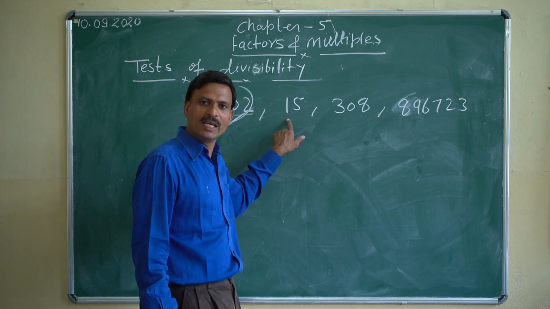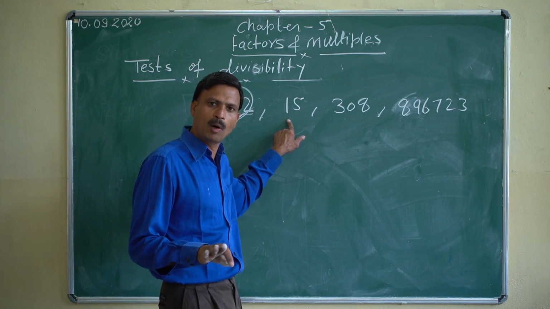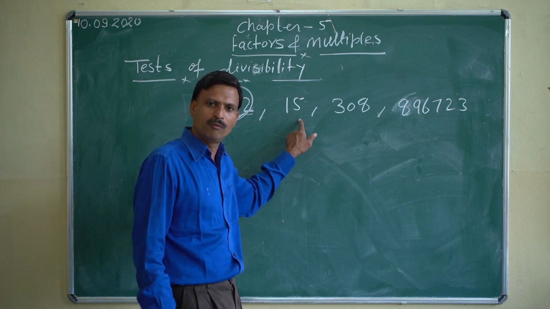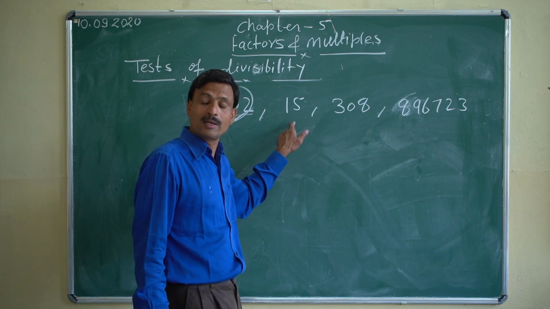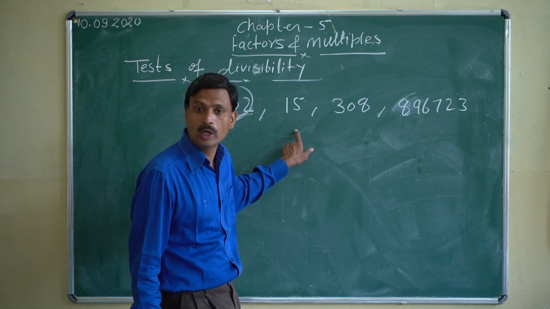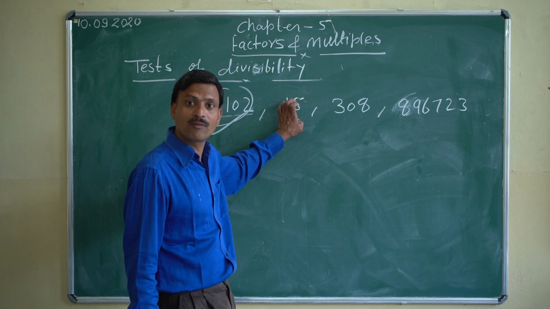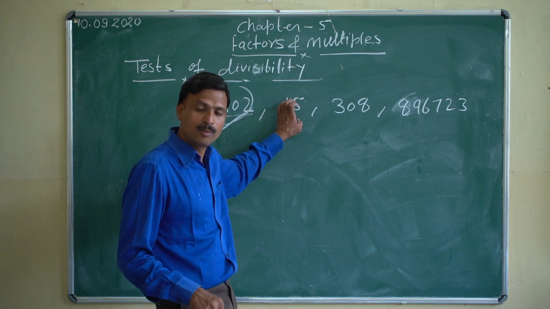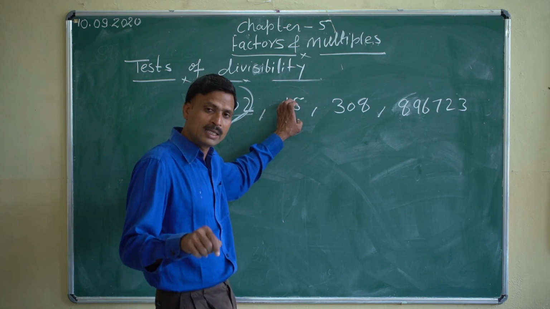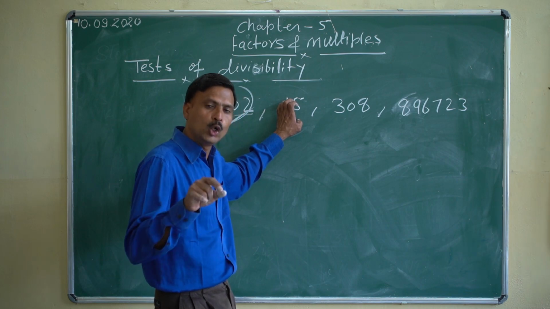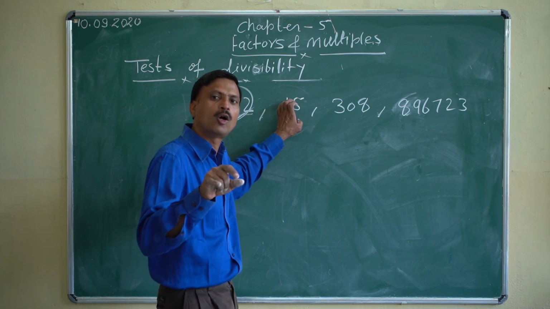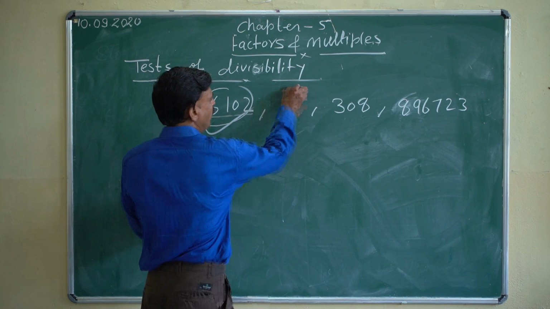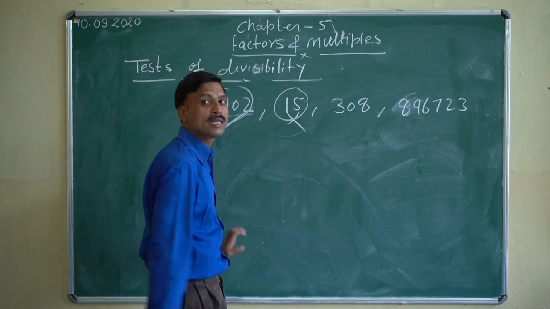15. 15 is divisible by 3 because the sum of the digits is coming 6, 1 plus 5. But this is not divisible by 2. Why not? Because its unit place digit is 5. And what is the divisibility rule of 2? The unit place digit must be 0, 2, 4, 6 or 8. So that's why this number is not divisible by 6.